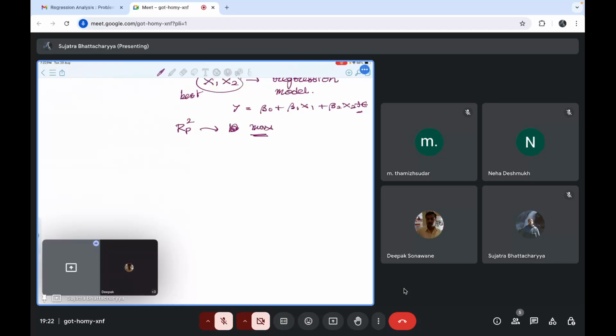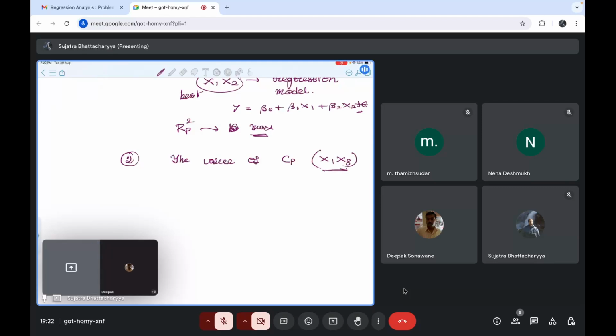Fine. Question two of this same question repeats. One of the parts is the value of Mallows' statistic. The value of Cp for x1, x3 is 3, this is given.